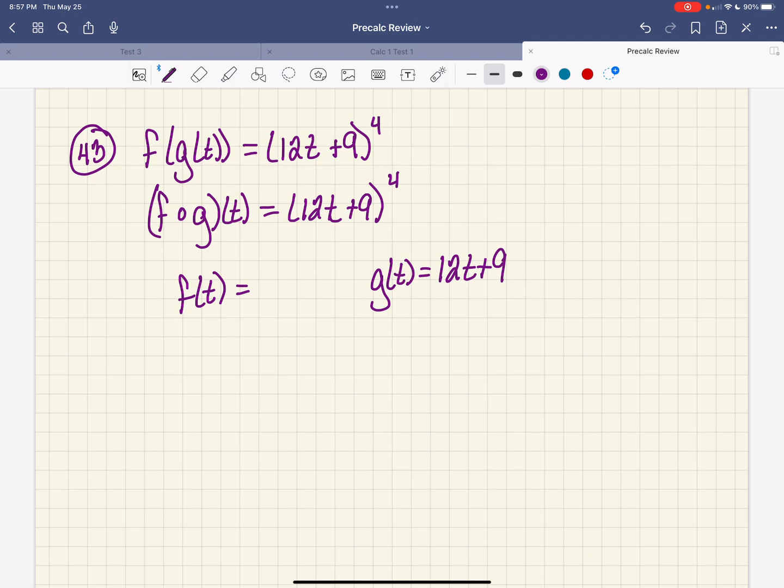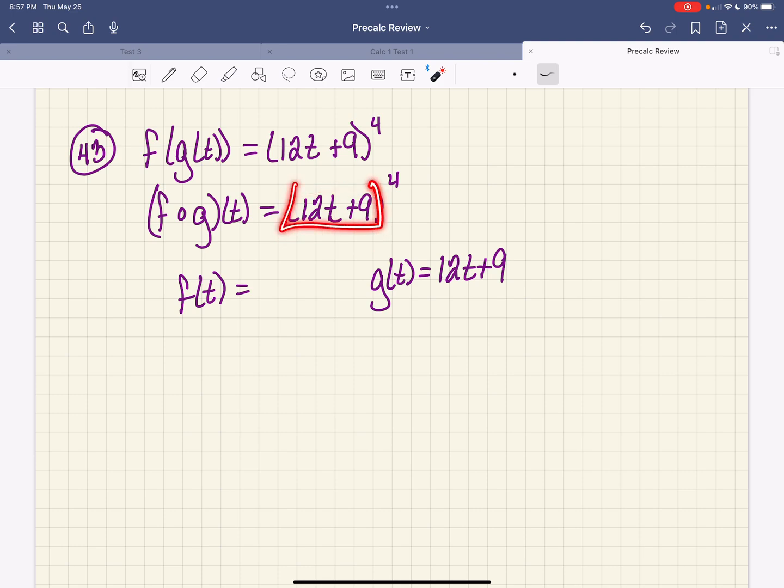We are decomposing this function. We're doing the opposite of composition of functions, okay? We're just doing the opposite. Then our f of t is going to look at this right here as a unit, okay? We're going to use the same variable. This right here is what we're going to take out.